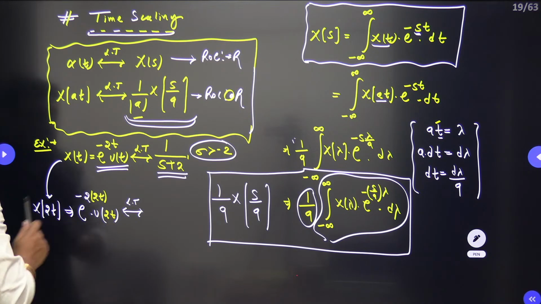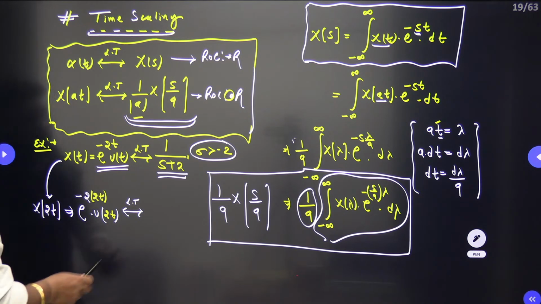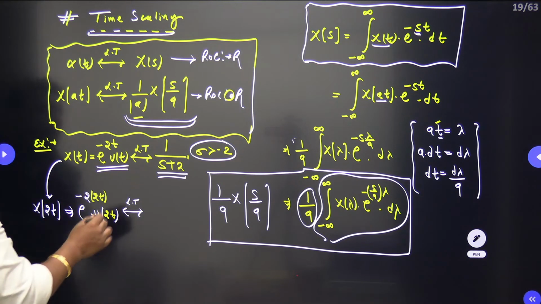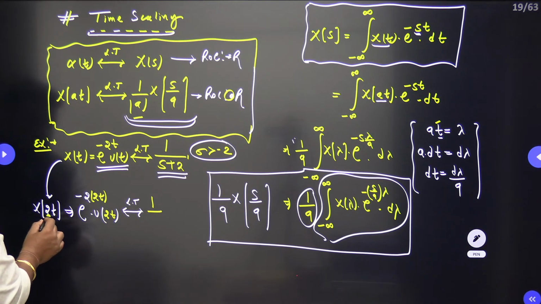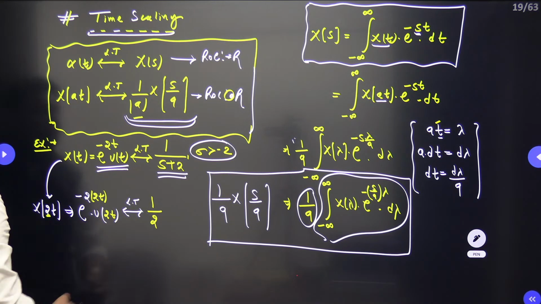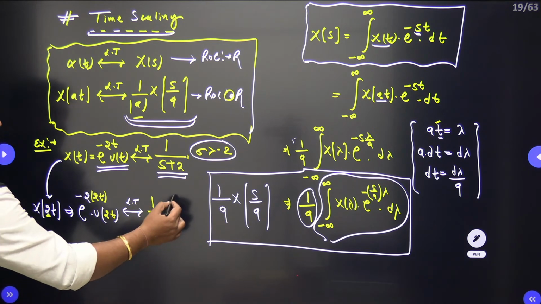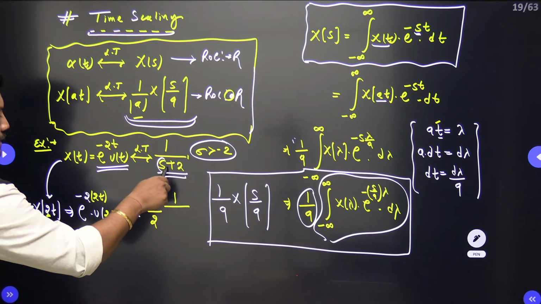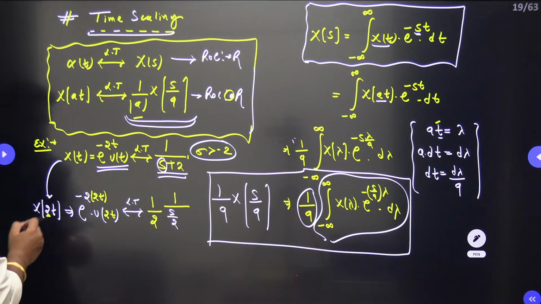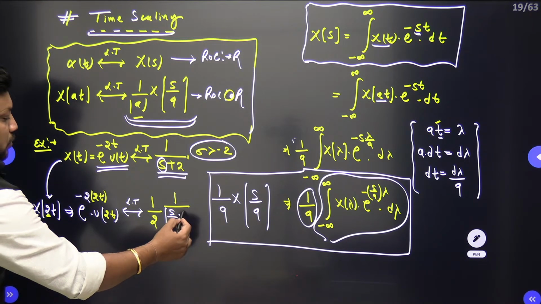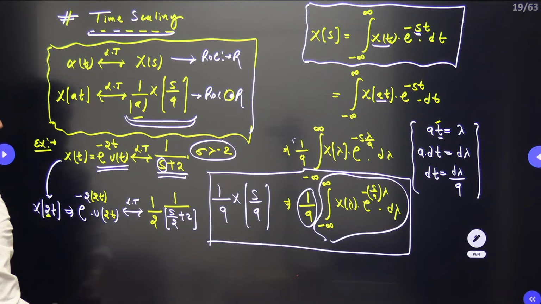According to the property, if I replace t with 2t, then I will have 1 upon a, and the a factor here is 2. So 1 by 2 into X of s by a. It means wherever there is s, it becomes s by 2, because the a factor is 2. So s by 2 plus 2.